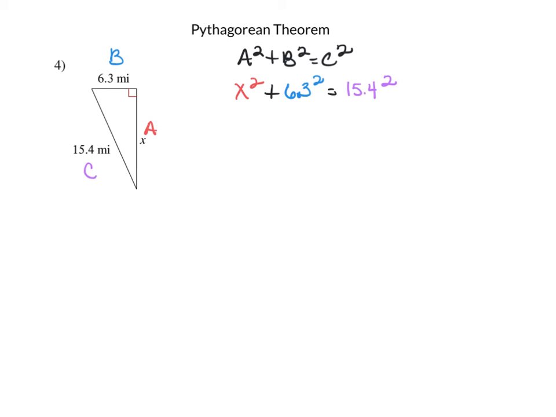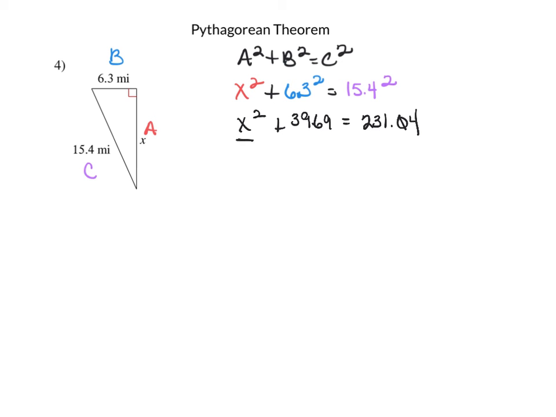Now we're going to simplify our exponents. X squared plus 39.69 equals 231.04.